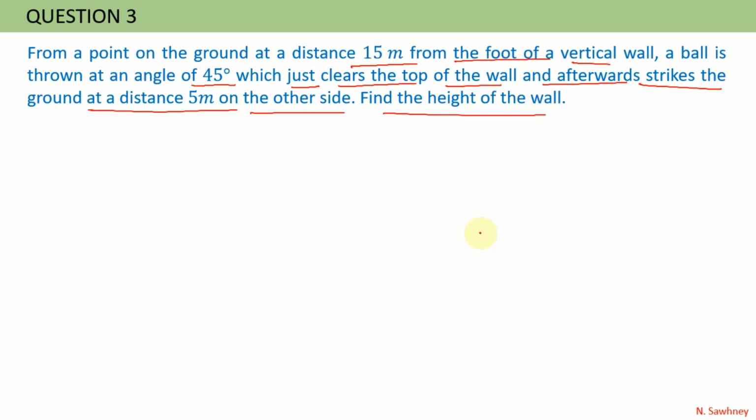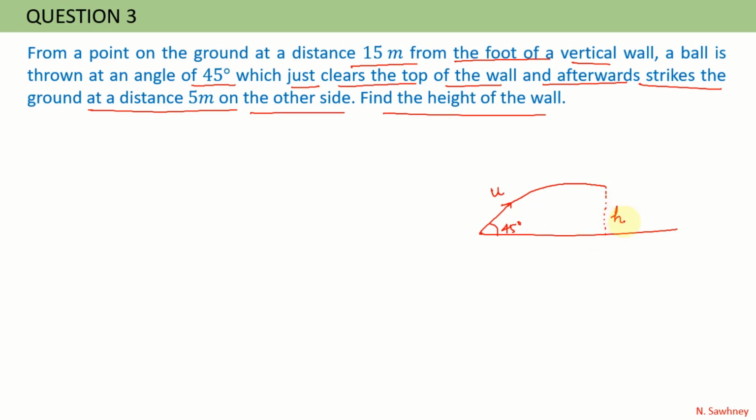See, here it is given that the ball is projected at an angle 45 degrees with initial velocity u. The ball just clears the vertical wall of height which we have to calculate. Suppose this is the vertical wall.